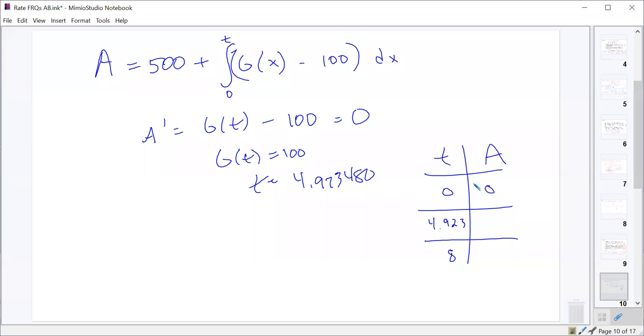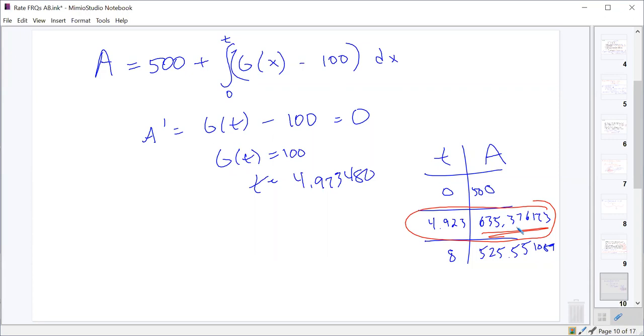And at 0, it should be 500. And at 4.923, when you plug in that to this integral for the t value, you get 635.376123. And when you plug in 8 to that, you get 525.551089. And we would see that the maximum occurs at 4.923 hours, and that maximum is 635.376123 tons of gravel.